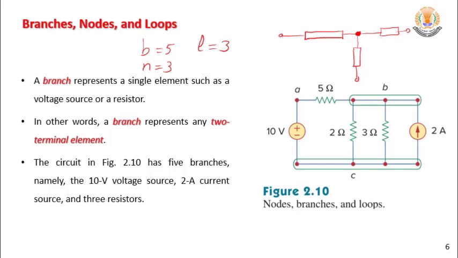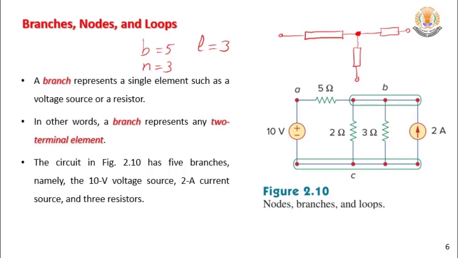Branch means element, so the number of branches equals the number of elements. Nodes, remember, if you have a wire connecting many nodes, they can be replaced by one node, since there are no elements in between. So in this circuit, we have 5 branches, 3 nodes, and 3 loops.